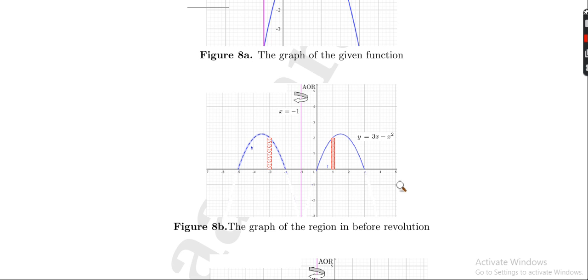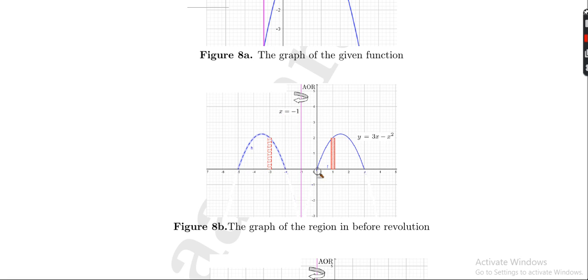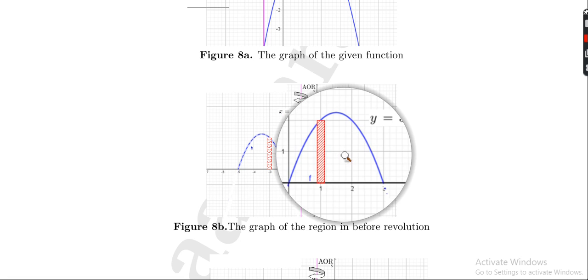So this is the graph of the region before the revolution. So this is our region. We removed the graph below the parabola because it is not part of our region.